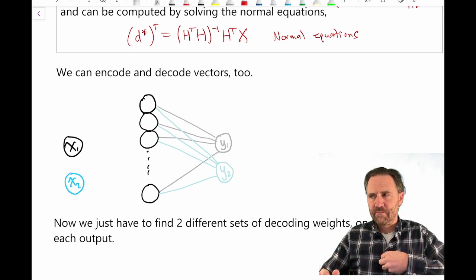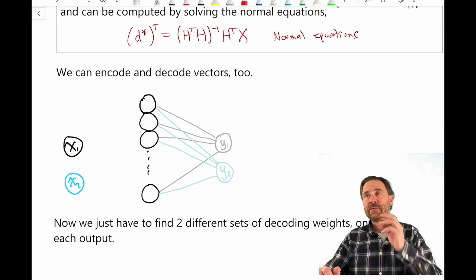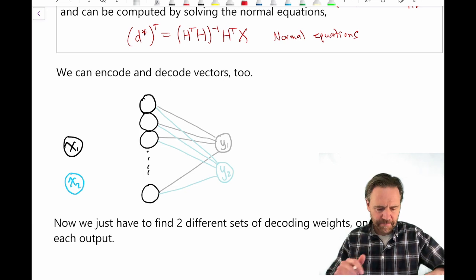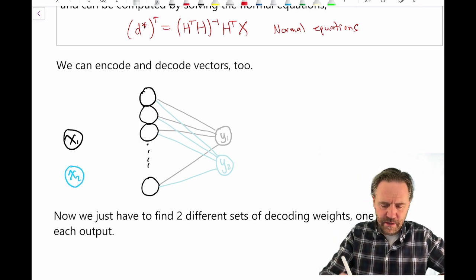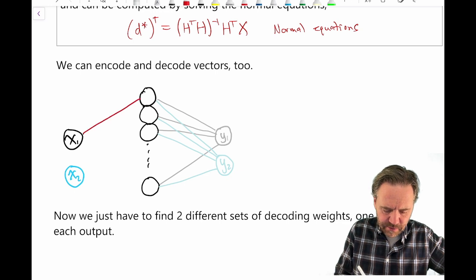You could think of it as a latent space, except this is a higher dimensional thing. Okay, so let's look at going from x1, the first input, to all these hidden nodes.